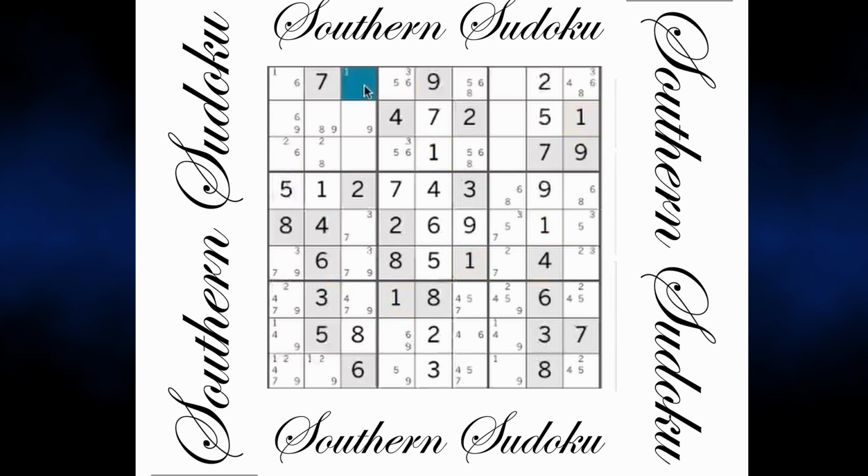And then so that one has to be a 1. Let's keep going. So I have 1 and a 2.